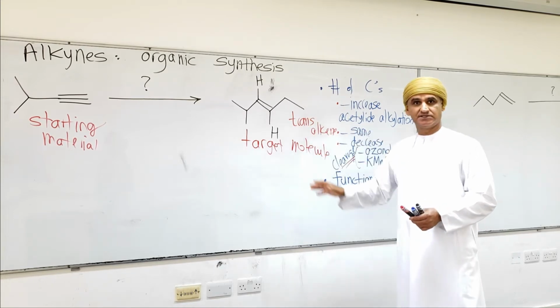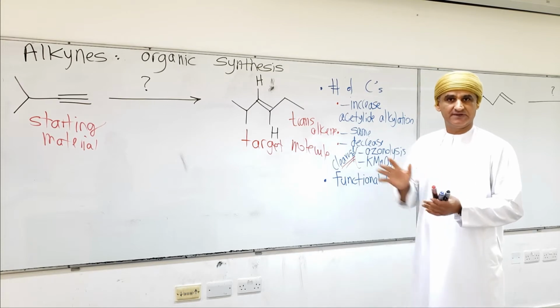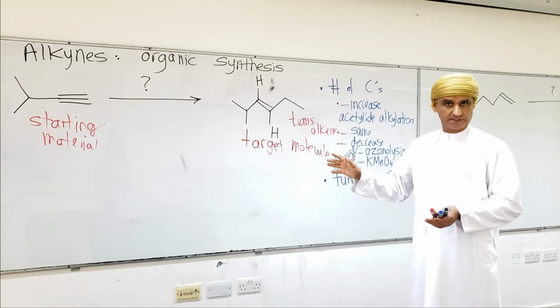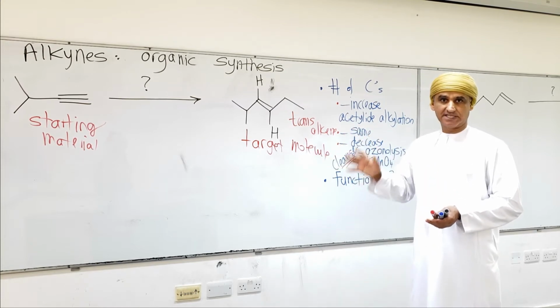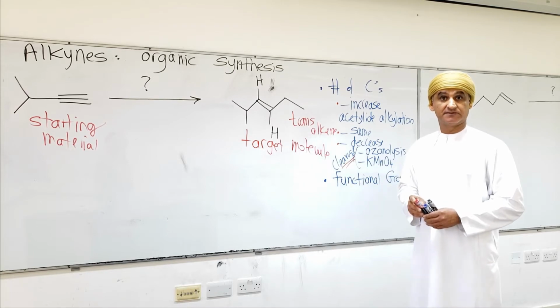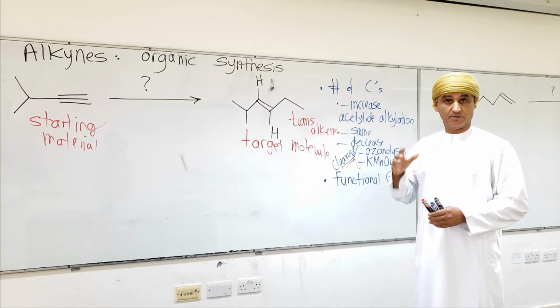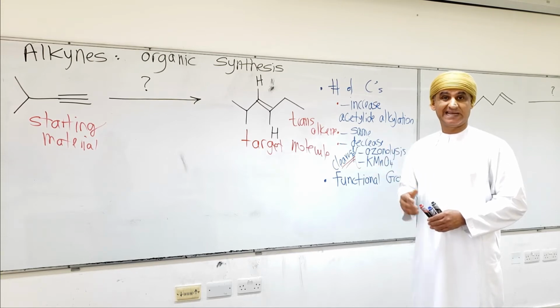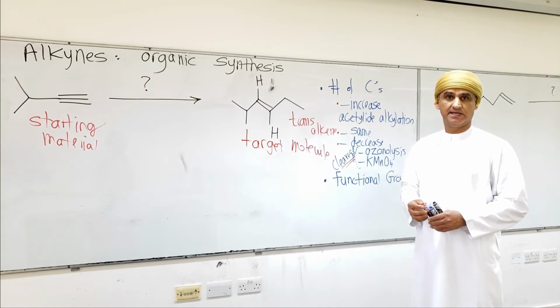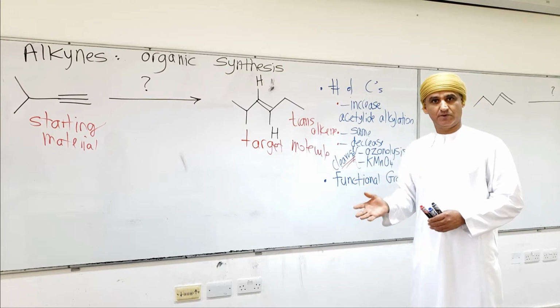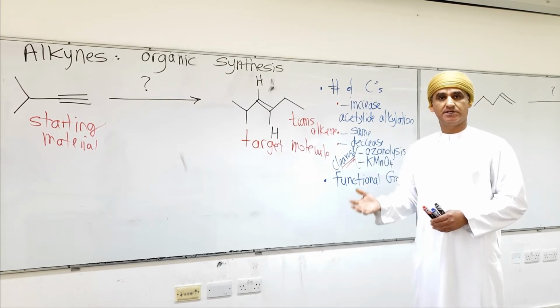Now, trans alkene. Given the chemistry of alkynes, there is only one way by which trans alkenes can be produced, and that is from internal alkynes by reduction using sodium, for example, an alkali metal in liquid ammonia. So sodium in liquid ammonia, lithium in liquid ammonia, or potassium.